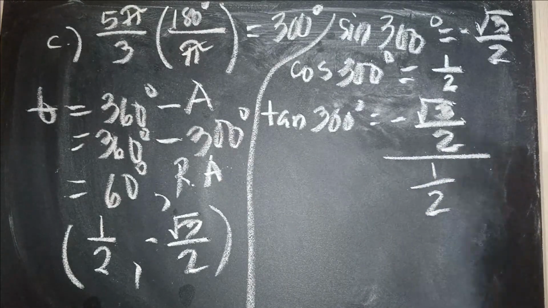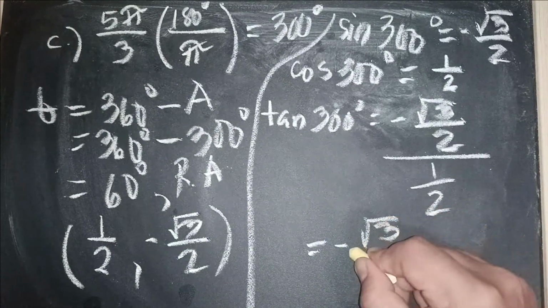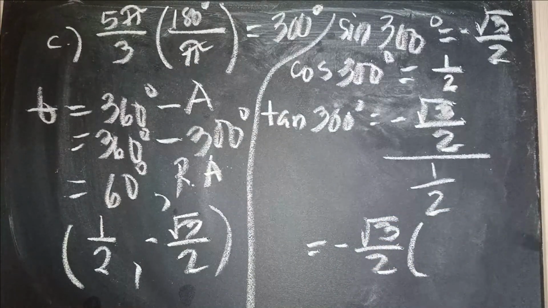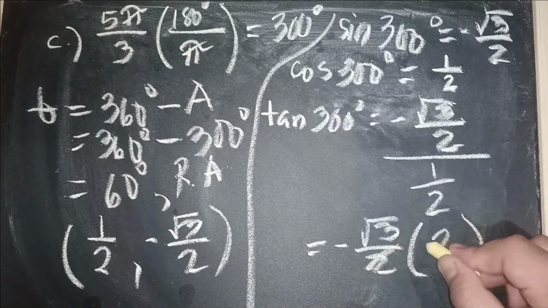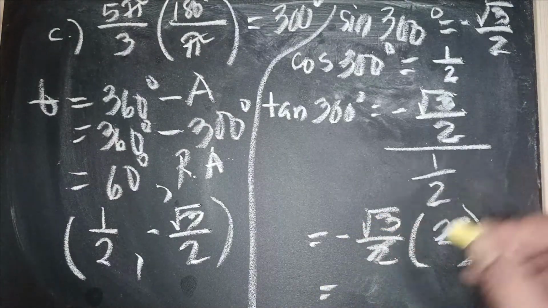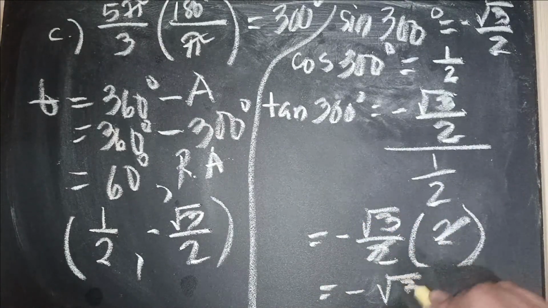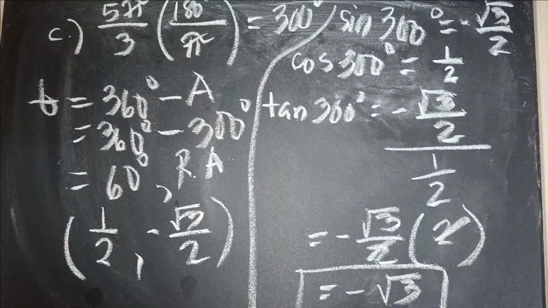So this is equal to negative square root of 3 over 2 times the reciprocal of 1/2, which is 2. So, cancel this. The answer would be negative square root of 3 times 1, that is negative square root of 3. So, therefore, tangent 300 degrees is negative square root of 3.